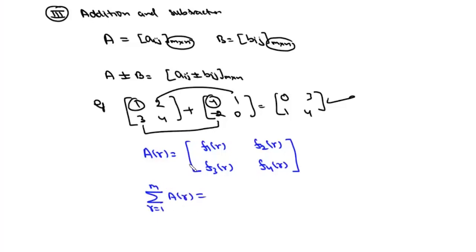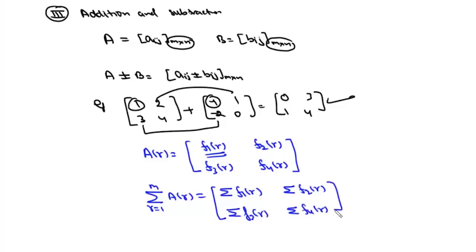Then there are m such matrices, and if we add all these matrices, all the elements in the corresponding matrices will add up. So we can simply write this as this summation of f1(r), this summation of f2(r), summation of f3(r), and this summation of f4(r).